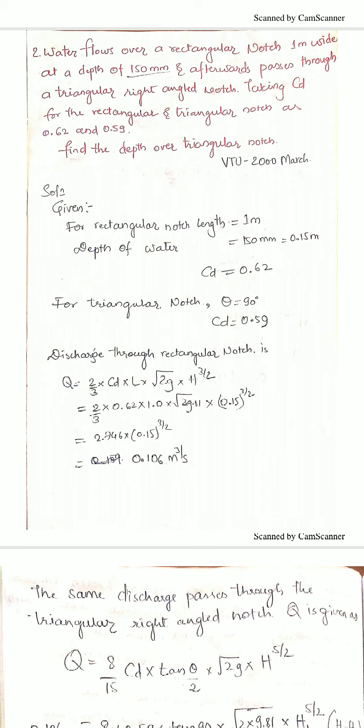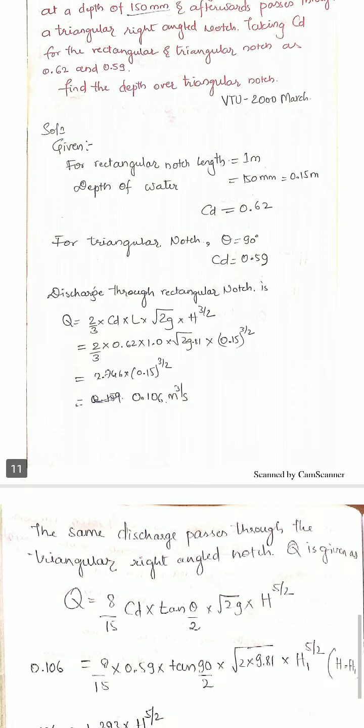So we'll take up the given data. For the rectangular notch, the length is 1 meter, the depth is 150 mm, which I converted into meters, and the coefficient of discharge is 0.62. For the triangular notch, it is right angled, so theta is 90 degrees, and Cd is 0.59.